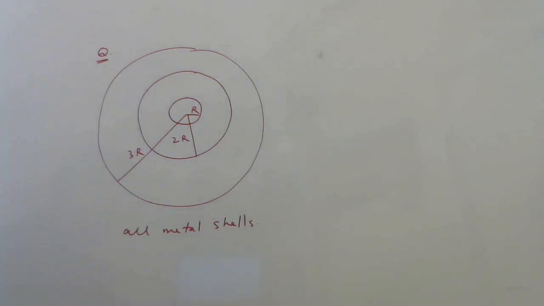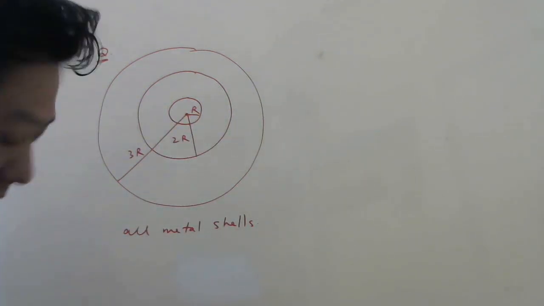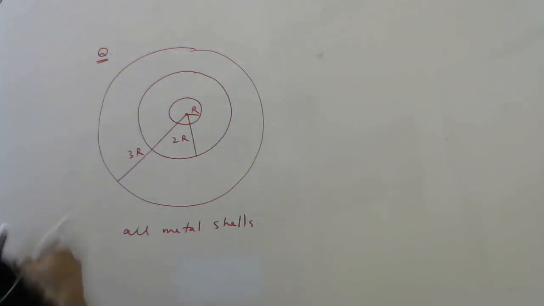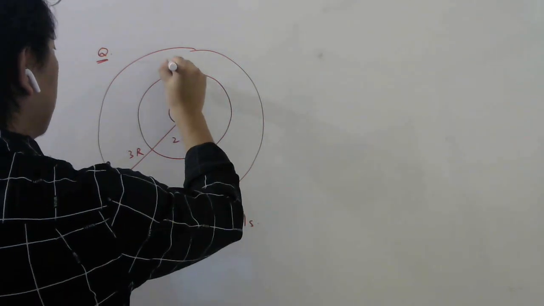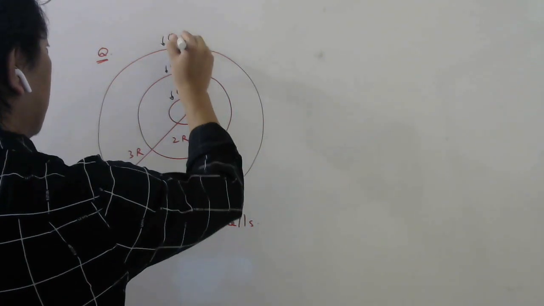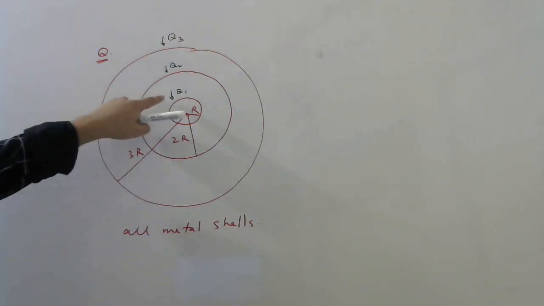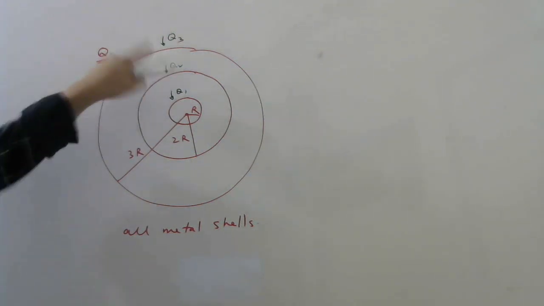Okay, now this is the center. Now what they are saying is they have given here charge q1, here charge q2, here charge q3. Okay, they have given charge q1 to this sphere, q2 to this sphere, q3 to this sphere.